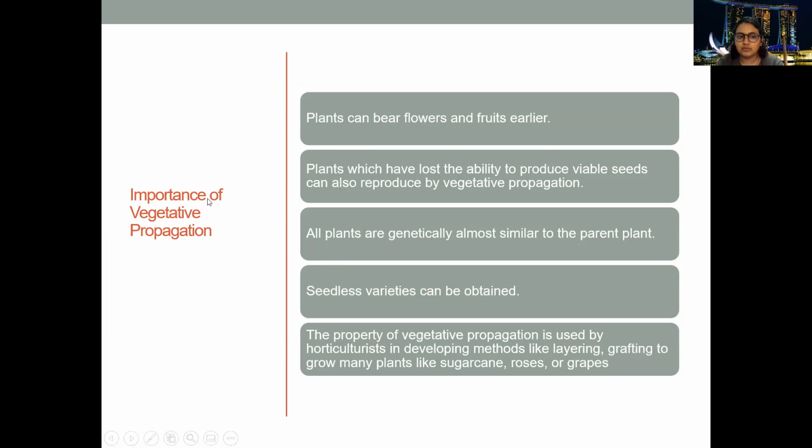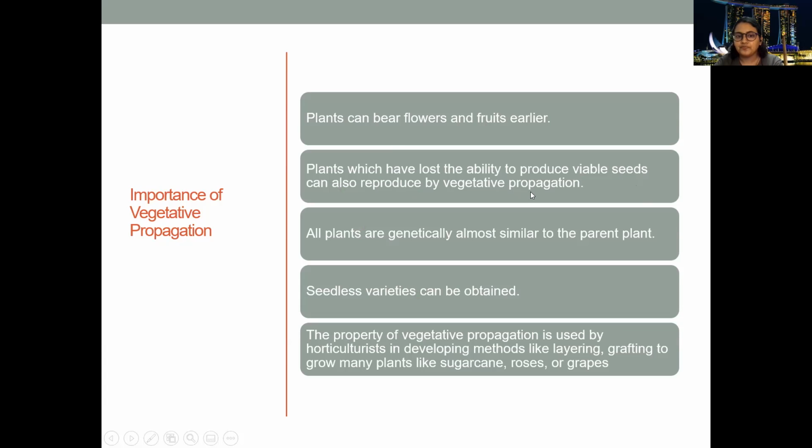Plants which have lost the ability to produce viable seeds, whose seeds are not capable of generating offspring, can also reproduce by vegetative propagation.